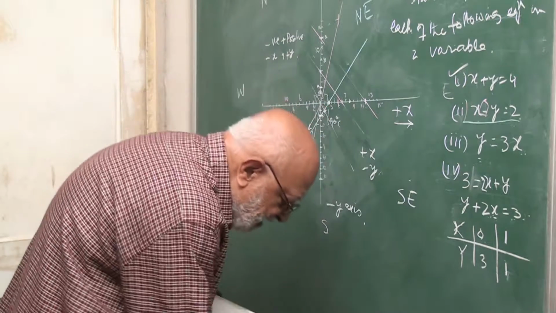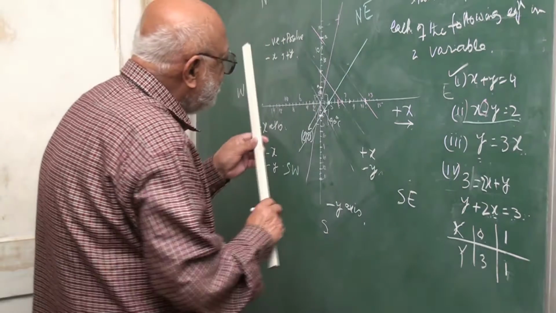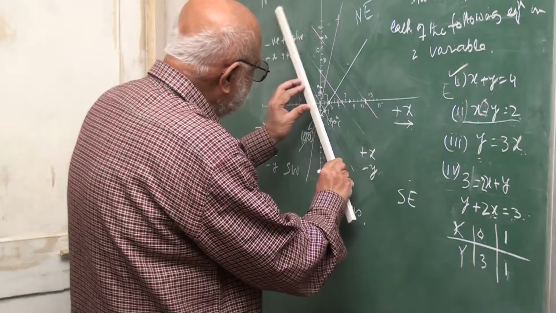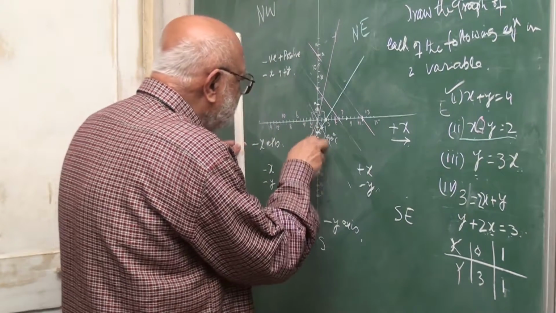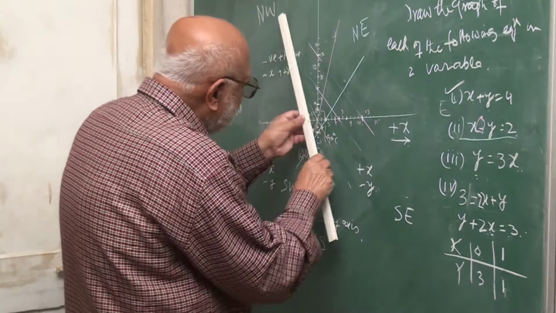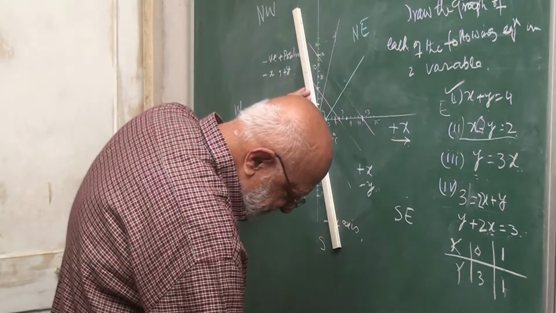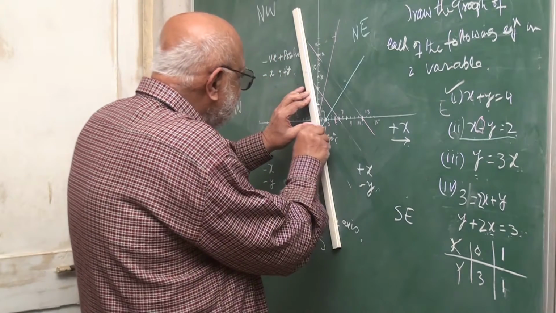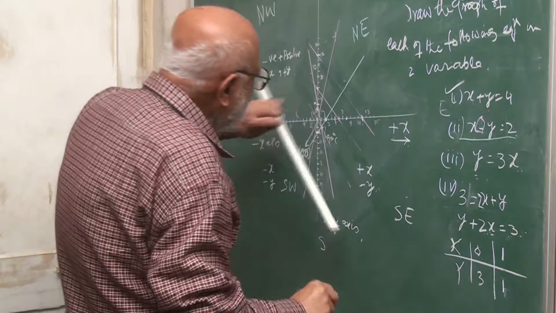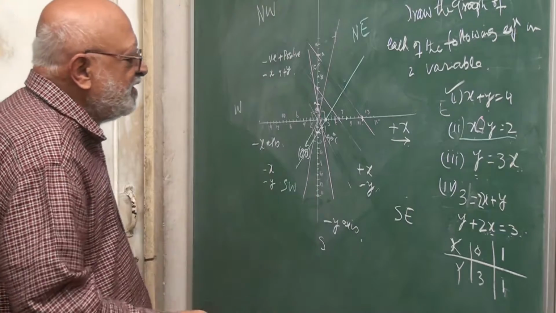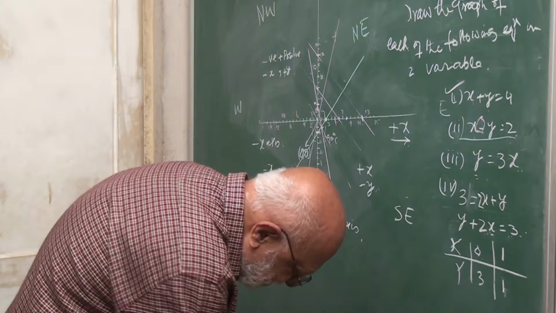So you will get a graph of this nature, this and this. x equal to 1, y equal to 1 is this point, and x equal to 0, y equal to 3 is this point. So these are the different types of graph you will get here. This one is done, the first one is done.